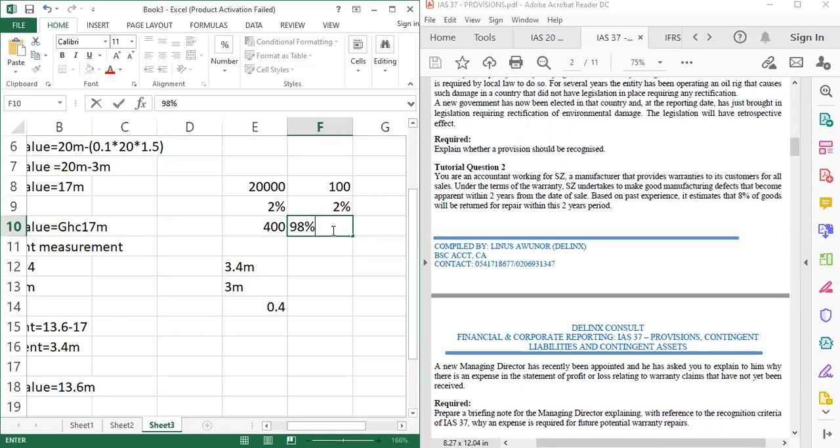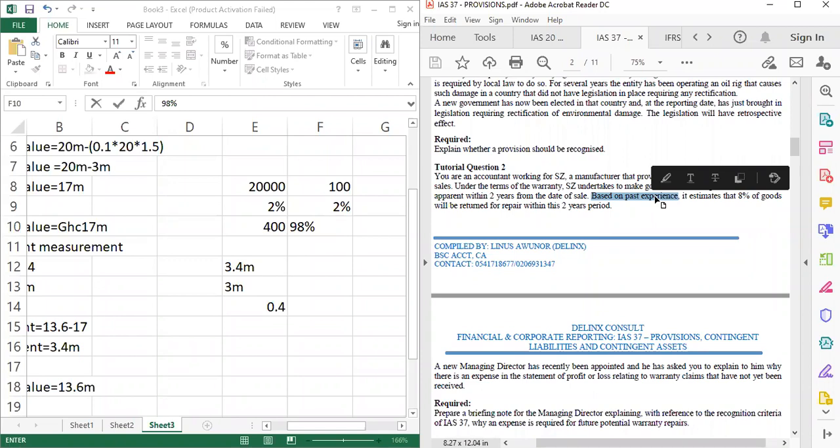All right. So based on past experience, it's estimated that 8% of the goods will be returned for repair within these years. Even here, there's past experience. So we can say that there's a constructive obligation based on past experience, based on the past patterns of the organization. We have been making provision for goods that are sold in this manner. So it is part of our experience that 8% of the goods will be returned.